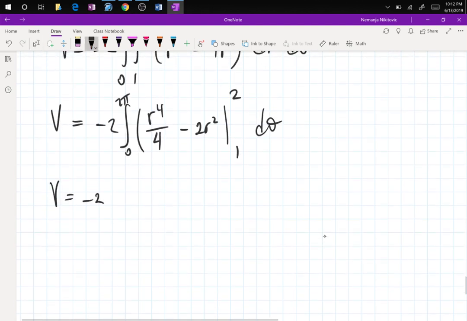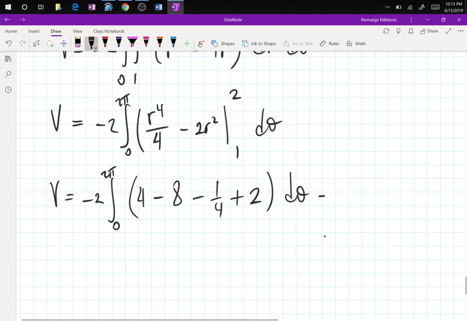Volume is equal to negative 2 integral 0 to 2 pi. And now I plug in 2. 2 to the 4 is 16, divided by 4 is 4. Minus 8. And then I have minus 1/4. And then I have plus 2. All of that d theta.